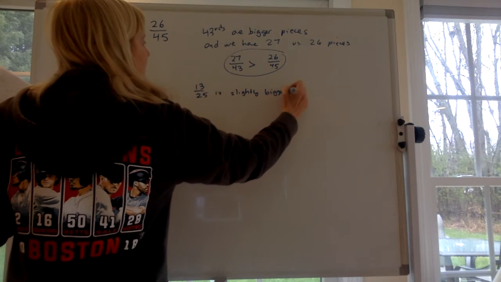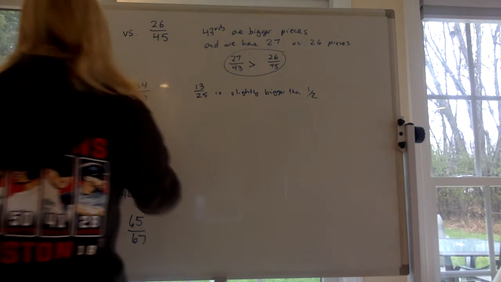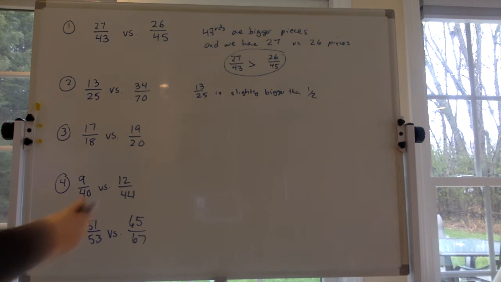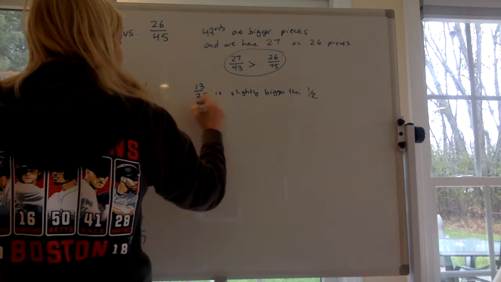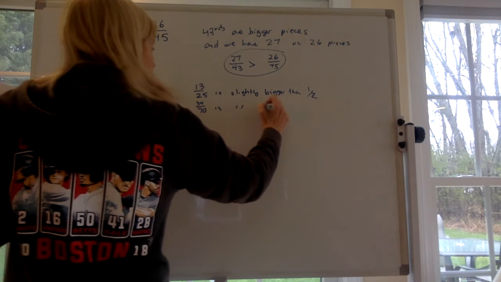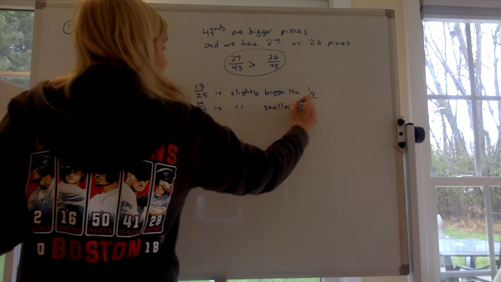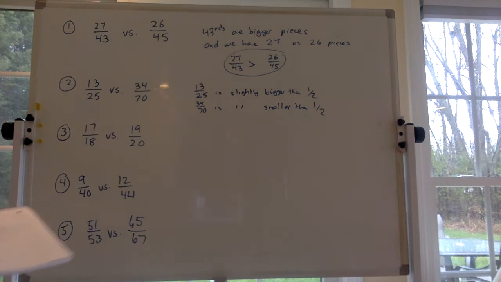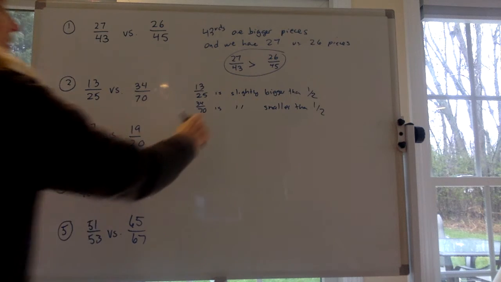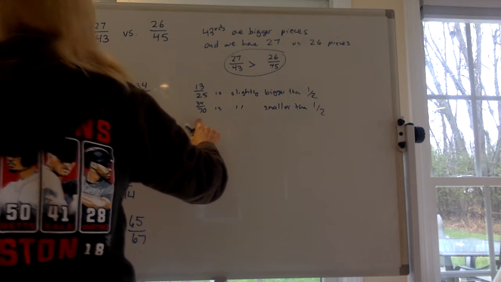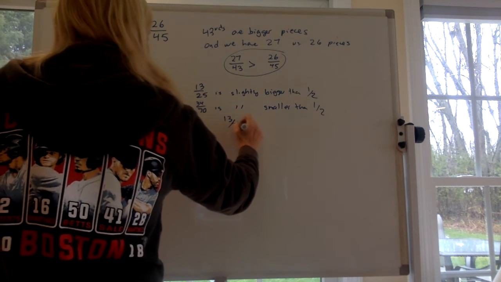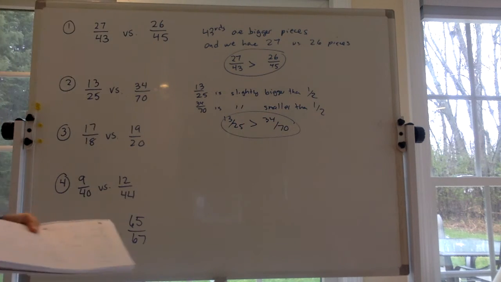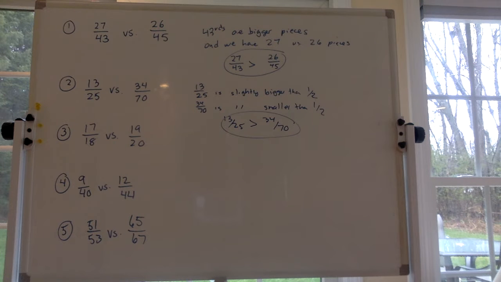Exactly, half of 25 is 12.5, so 13 over 25 is a little bit bigger. 34 over 70 is slightly smaller than 1/2, because 35 over 70 is a half. So if this is slightly bigger than a half, that's slightly smaller than a half. What does that mean? The 13 over 25 is bigger than the 34 over 70. So in that case, we used a benchmark.